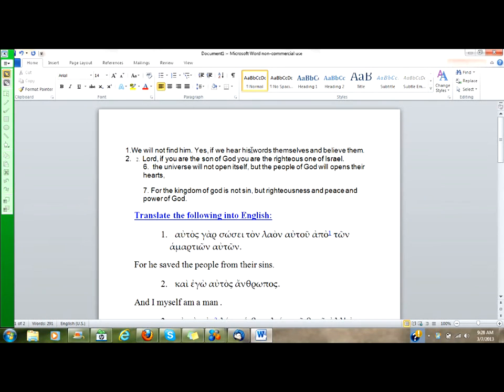What is the function of a definite article? The function of a definite article is to specify and indicate particularity. But in English, we suppose that if I give a proper name, if I say Jesus said, we suppose that's definite enough to indicate particularity, and so we don't use a definite article.